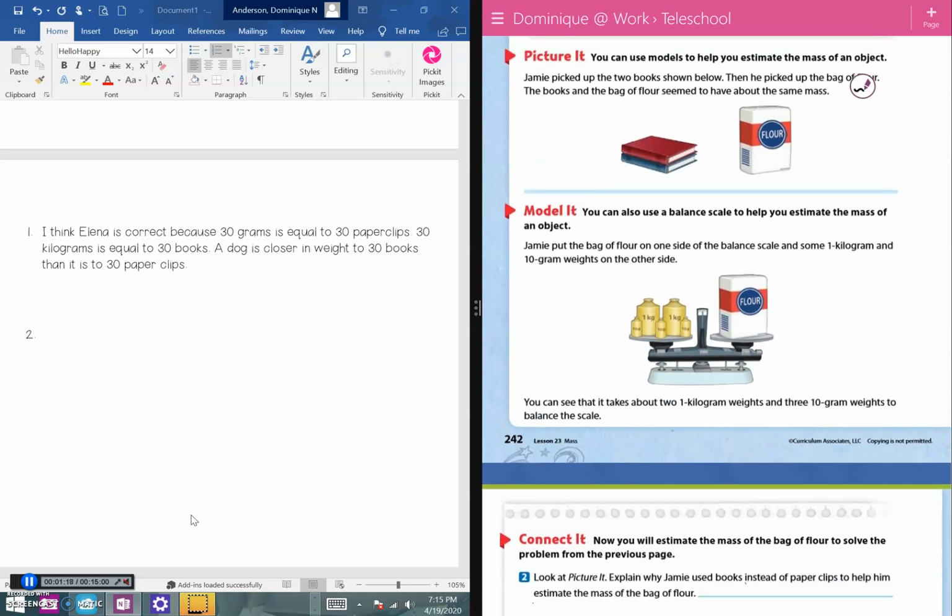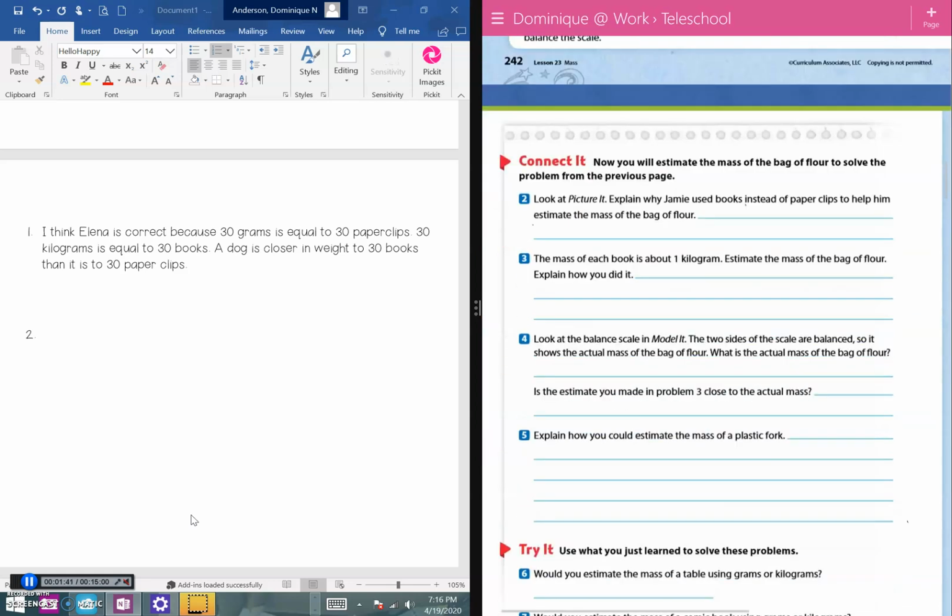Jamie put the bag of flour on one side of the balance scale and some 1 kilogram and 10 gram weights on the other side. You can see it takes about 2 1 kilogram weights, that's this one and this one, and 3 10 gram weights. So here's a 10, here's a 10, and here's a 10 to balance the scale.